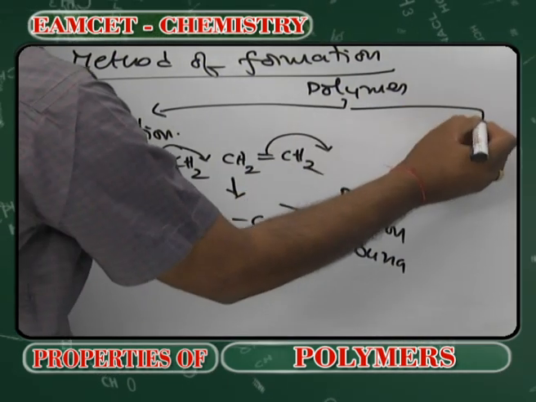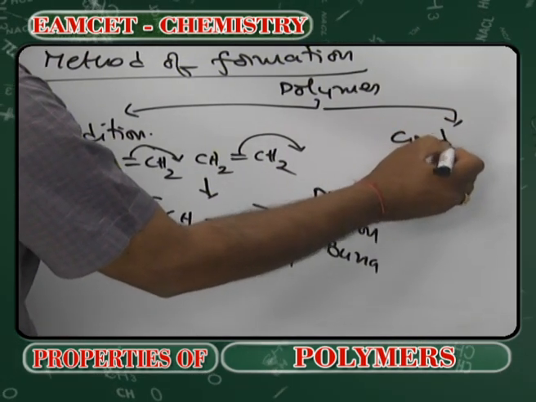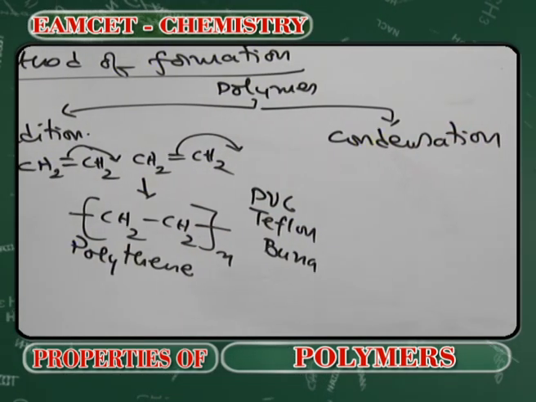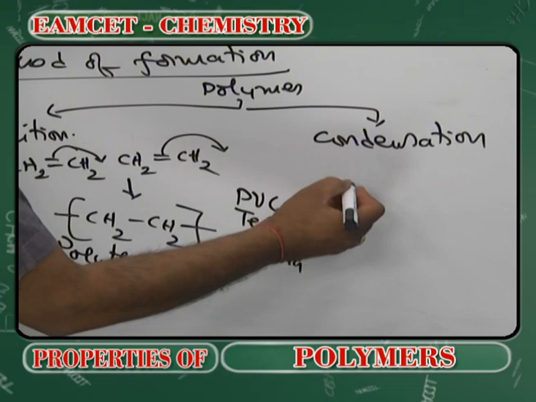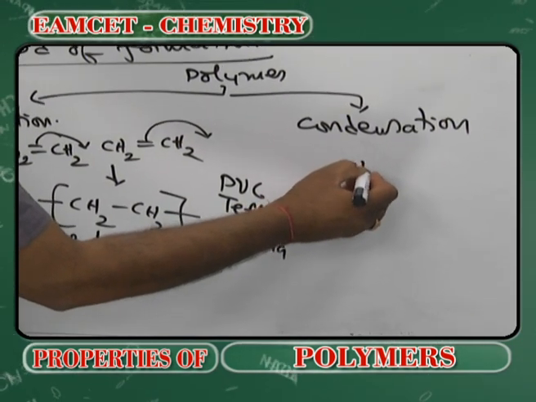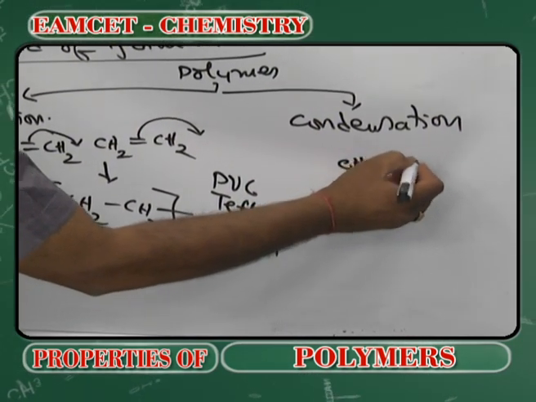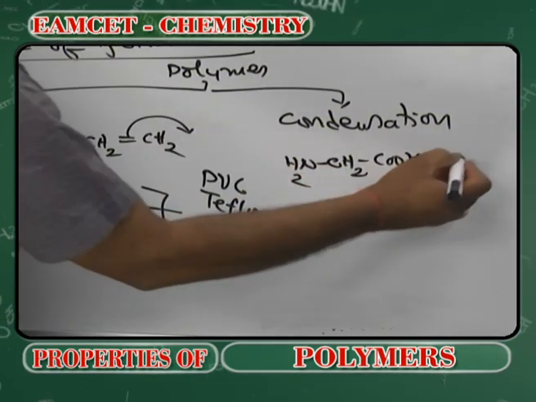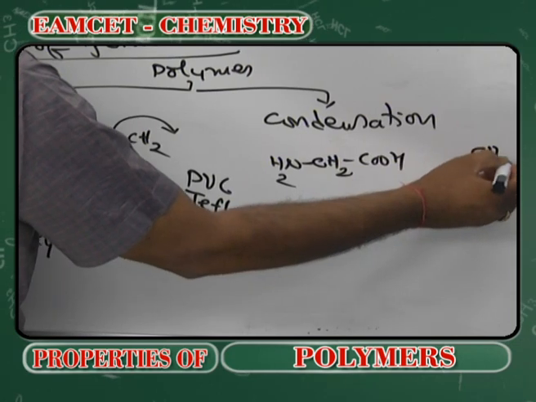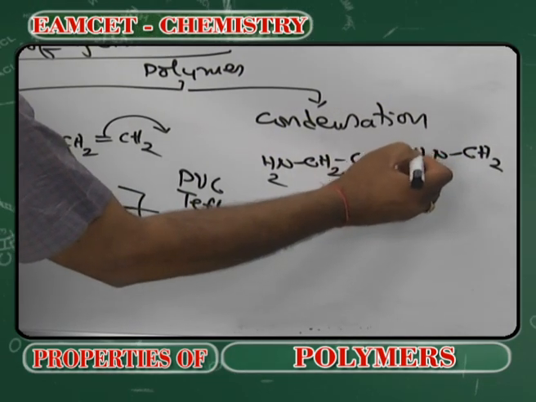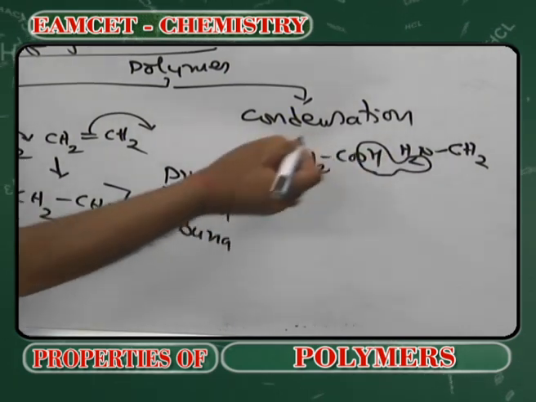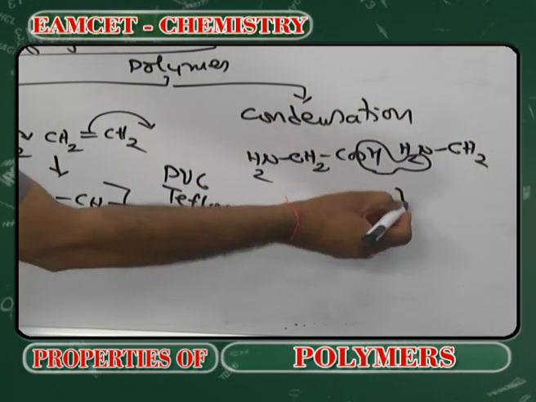The other method is the condensation method. What does condensation mean? For example, if I have a carboxylic acid and an amino group, this is glycine. If this glycine reacts with another glycine, the OH of the COOH and the H of the NH2 are removed as a water molecule.